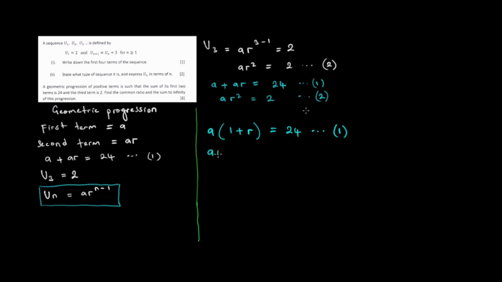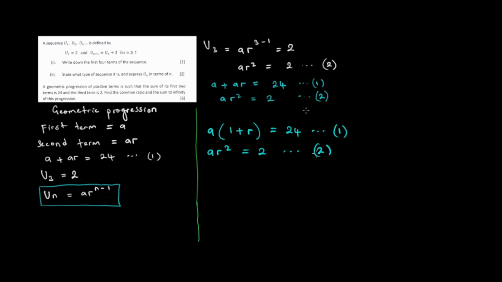Equation 2, ar squared is equal to 2, that's equation 2. Then tikatarisa ma variables atinawo in those two equations, tina a, tina r. Because in the second equation we have ar squared, it is easier kuti tiite make a subject of formula in both equations.